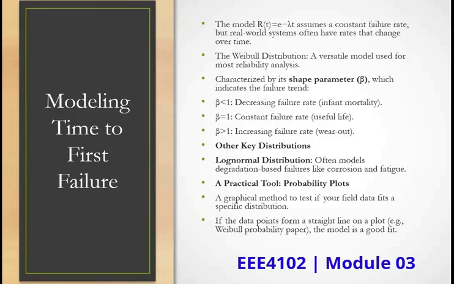But then we need to think about what happens in reality. What about when components are new and have a high risk of failure due to maybe manufacturing defects, or when they are old and just starting to wear out? So it means this model falls short.